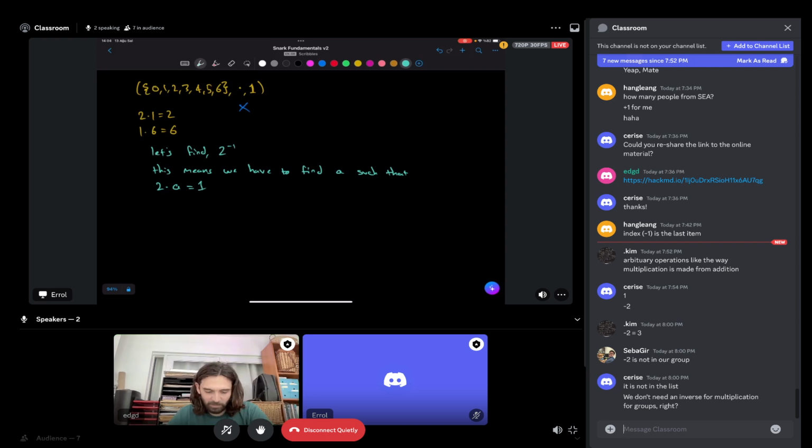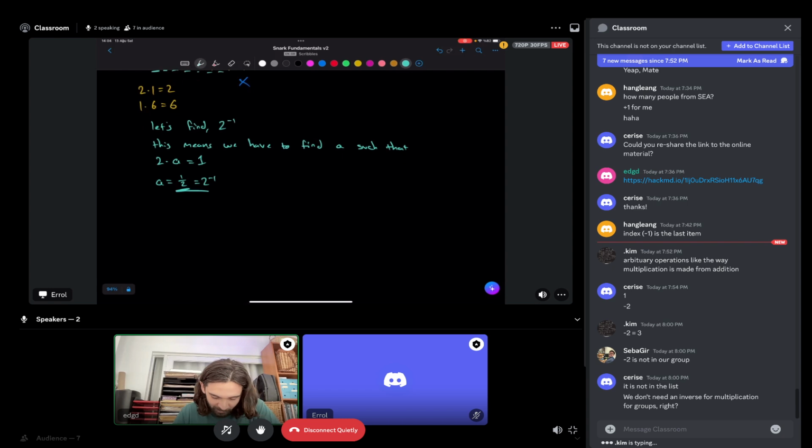And now, of course, you might think a equals a half, the 2 to the inverse, but again, these don't exist in our set. We can brute force it. We can check 0 and 1 and 2 and 3 and 4 and 5 and 6, which is essentially what we're going to do. But one of these should hopefully be that number.